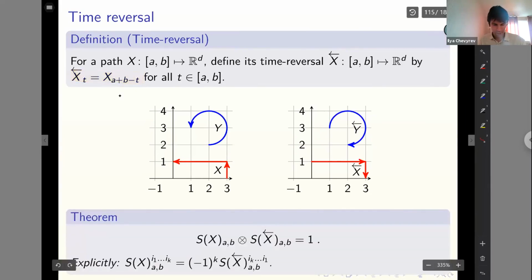So the theorem here is that if you now take the product of the signatures of X and of its time reversal, then what you get is the identity element inside of TRD. This is the formal series, so you should really think of this as an element of TRD.